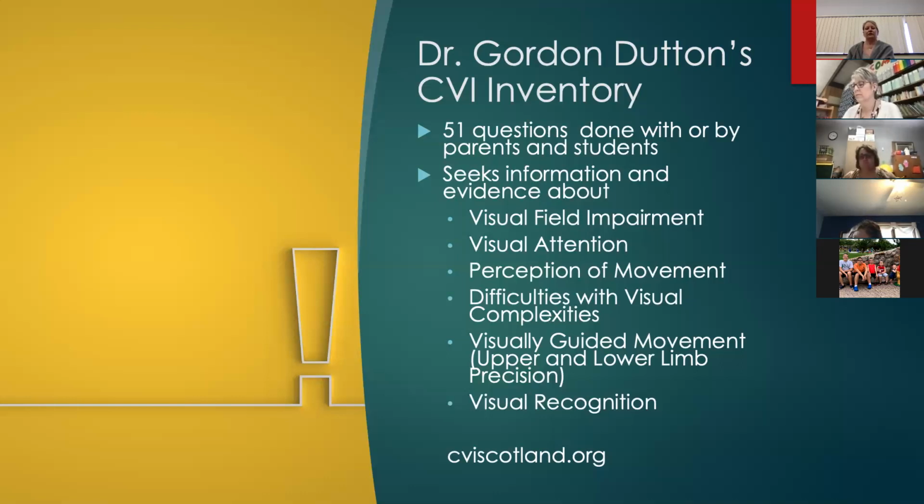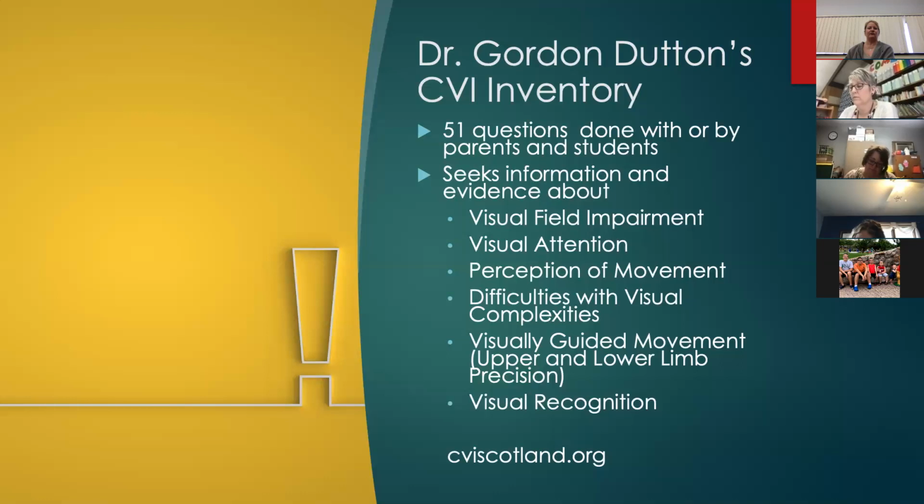Visually guided movement, here's where the people in our class that are OTs, speech language, really will notice visually guided movement. There can be difficulties with both the upper and the lower limbs. So your arms are upper, obviously your legs are lower limb precision. That's where that visually guided reach, maybe that's not happening.